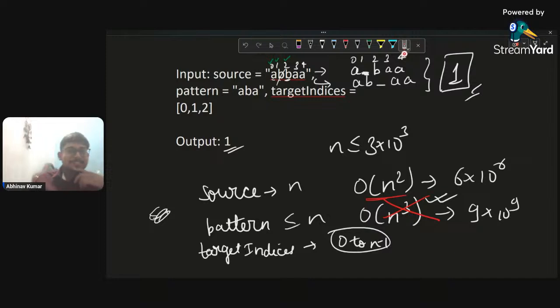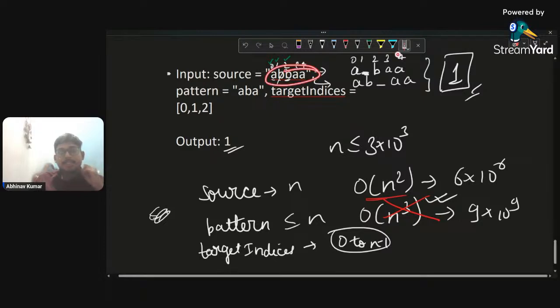Now let's try to think with DP, how can we do it? If I'm going to use DP, what states come to your mind first? As I told you, you have a source of size n and a pattern of size m, let's say the size of the pattern is m.